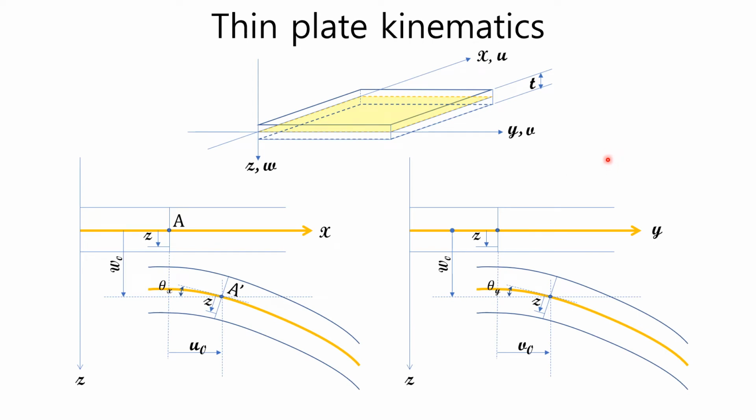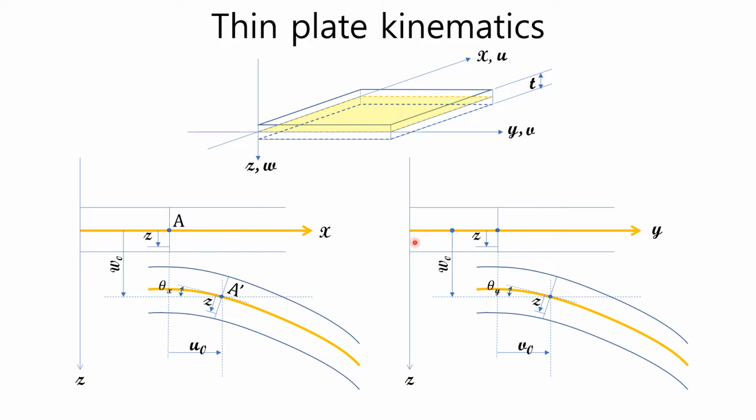Classical laminate theory is applicable to thin plates, of which another name is Kirchhoff-Love plate. As explained in the previous slide, in that theory, all the xz and yz sections keep their shape flat and normal to the neutral plane before and after deformation.